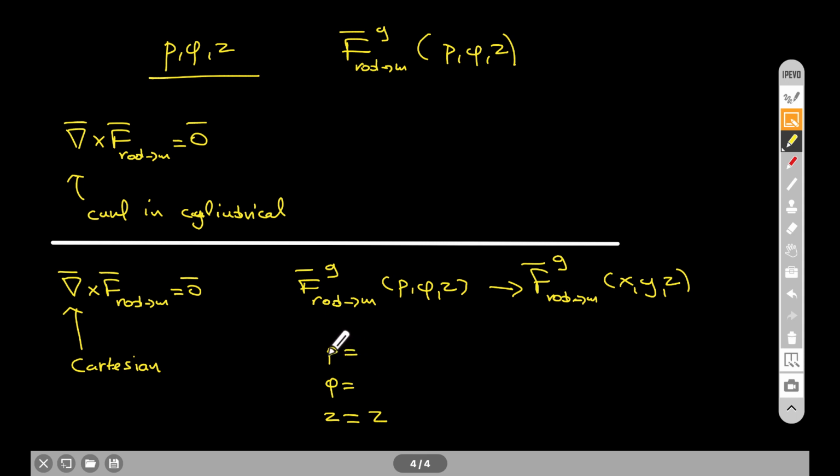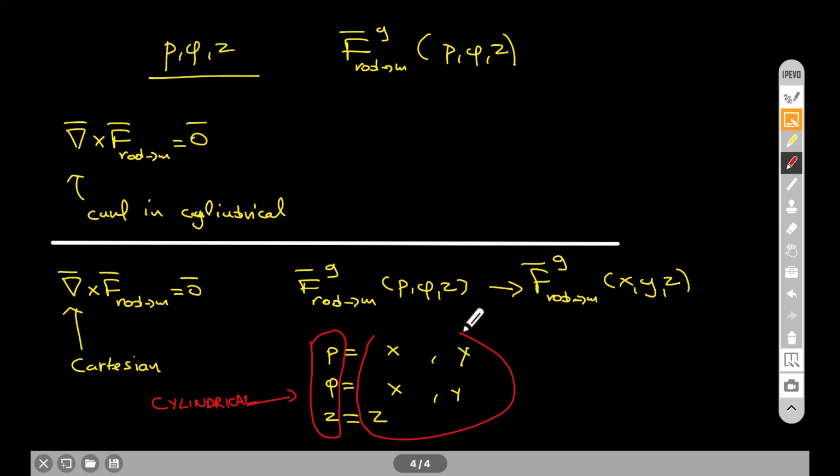On the left side, I will have my cylindrical coordinates. And then on the right side, I will have an expression that includes x and y. And the same thing here, x and y. This right side will only be written in terms of the Cartesian coordinates.